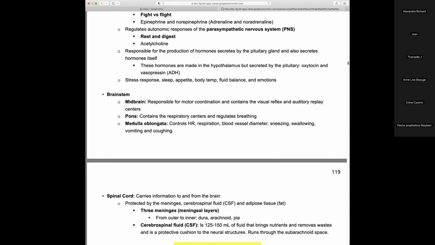So when we get to cardiac and we start talking about vasoconstriction and vasodilation, we're talking about the medulla oblongata and how it affects the diameter of the blood vessels. So these are things that you have to read and understand. Okay, you cannot bypass or shortcut those. These are foundations for you.